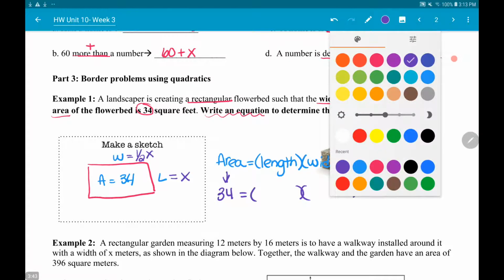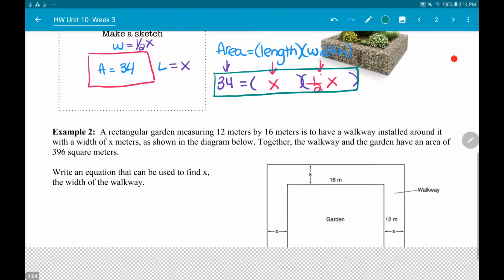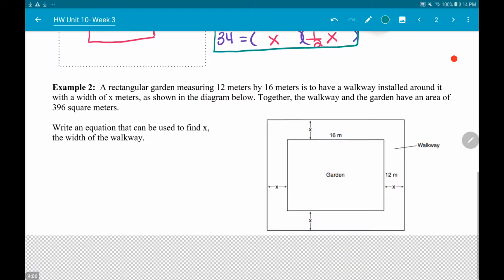So I'm going to replace those now. My length, which we didn't know, was x, and my width was 1/2 x. All it said was to write an equation, so I can just leave it like that. We'll get to solving it in a minute.